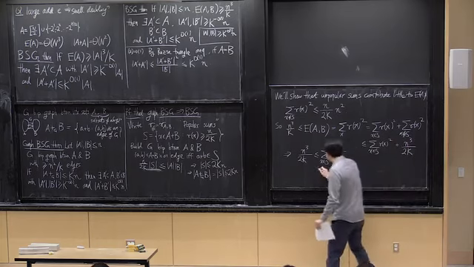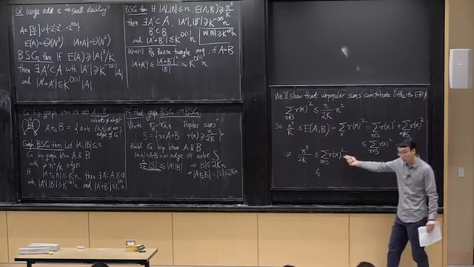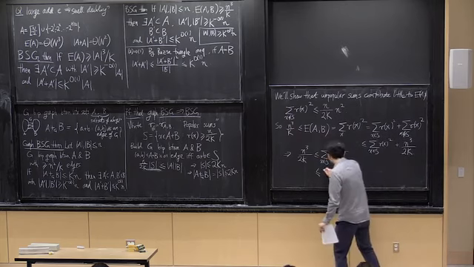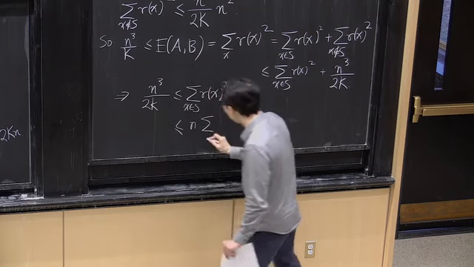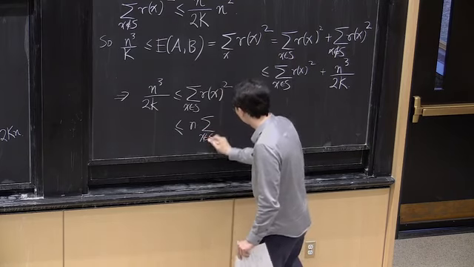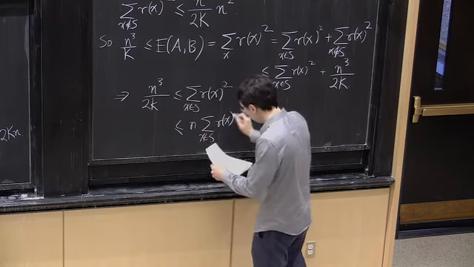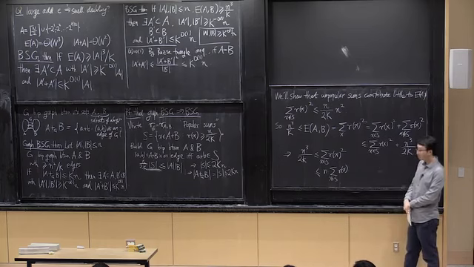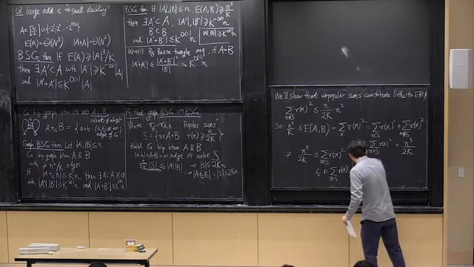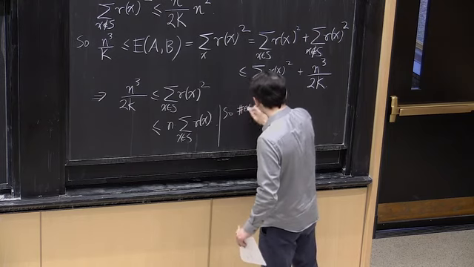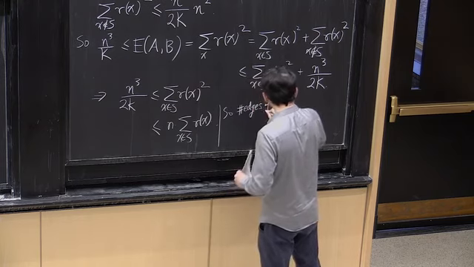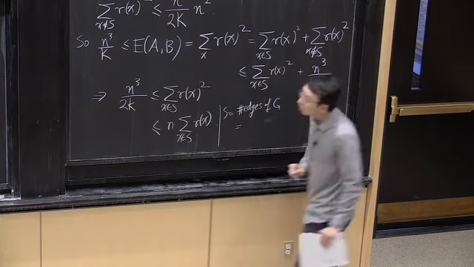But I can also give a fairly trivial upper bound to a single r, namely it cannot be bigger than n. And so the number of edges of G, okay, what's the number of edges of G?